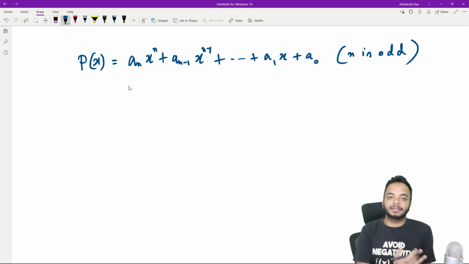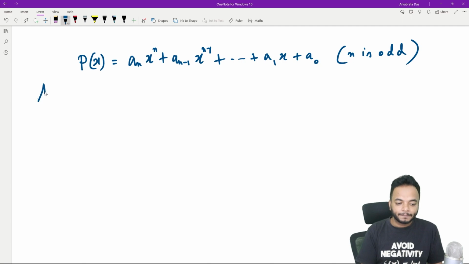And when x is tending towards negative infinity, the polynomial will be tending towards negative infinity because n is odd here. And a polynomial function is continuous, and thus its range is all of R.